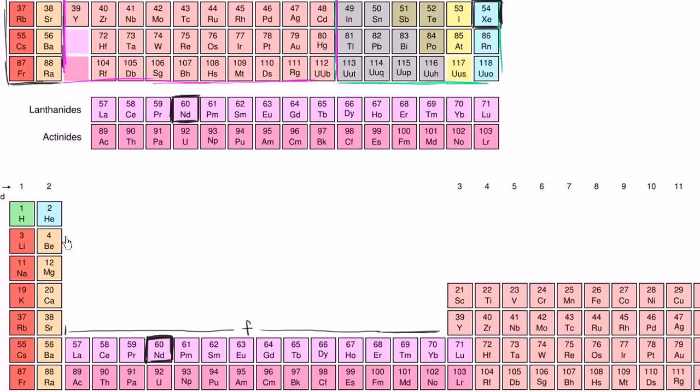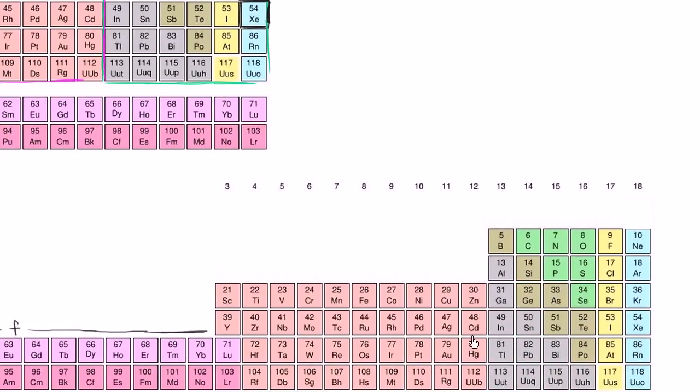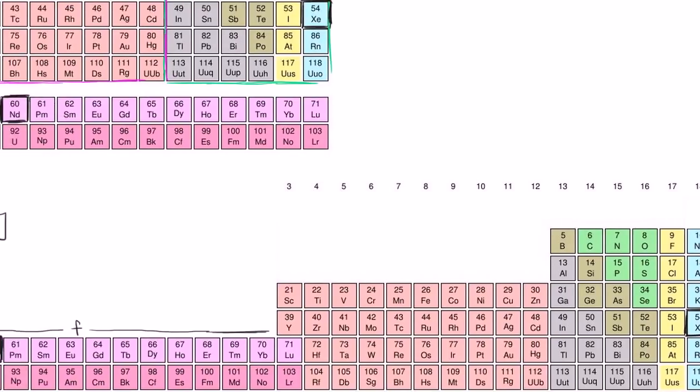So I'm assuming you've had a go at it. Neodymium is going to have the electron configuration of xenon. So xenon gets us right over here. It's the highest atomic number noble gas that has a smaller atomic number than neodymium.